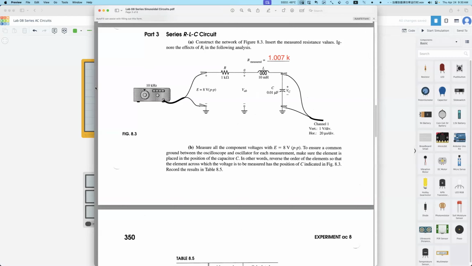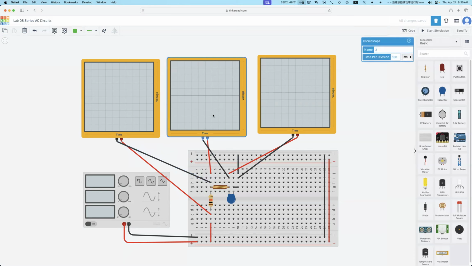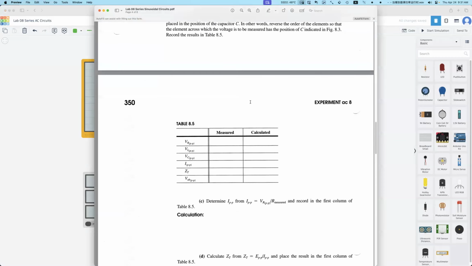So for the Tinkercad, let me move this back to the resistor. Okay, so you could use the middle oscilloscope, then move the negative go to ground. Then this is the voltage across the inductor and the capacitor. Okay, so it's this one. Then calculation, so everything from the calculation.